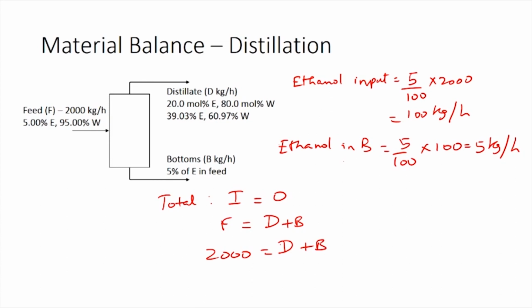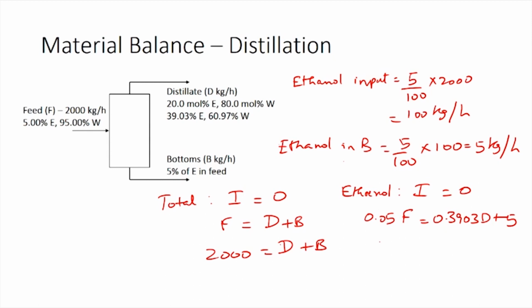We can also write a component balance for ethanol, and that would look like this. Again, input equals output, and input for ethanol is 0.05 times F equals 0.3903 times D plus 5.